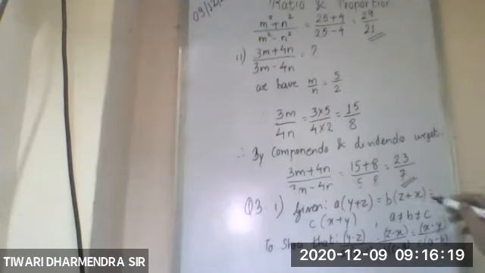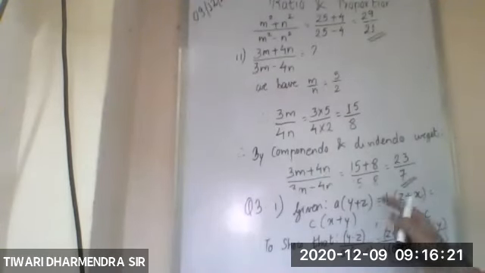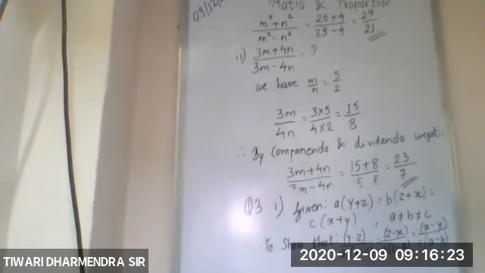So as we can see, a, b and c in the given part are along with x, y and z. And as per the requirement, we can see that we require a, b, c in the denominator.